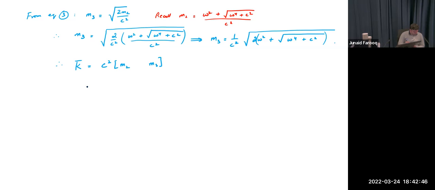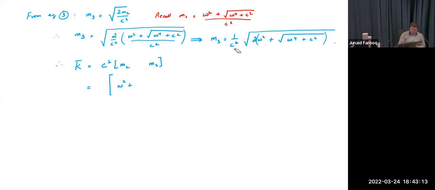So k bar will be c squared, and then you have a bracket. I mean, this is the vector of k bar. So first is m2, which is omega squared. Oh, so c squared can get cancelled actually.